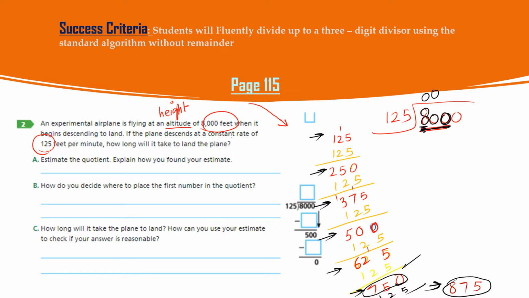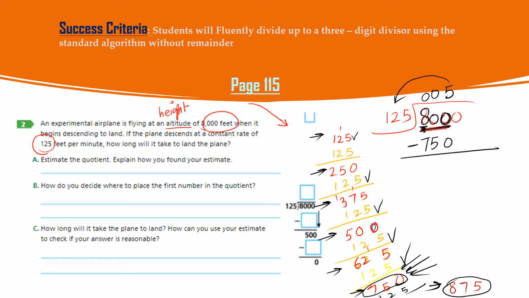So I always focus on the smaller number. How many times? 1 time, 2 times, 3 times, 4 times, and 5 times. So on getting 5, multiply 5 times 125 gives us 750.